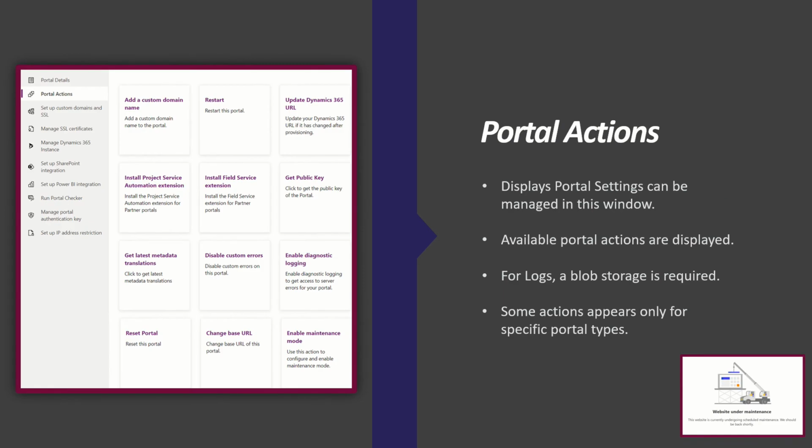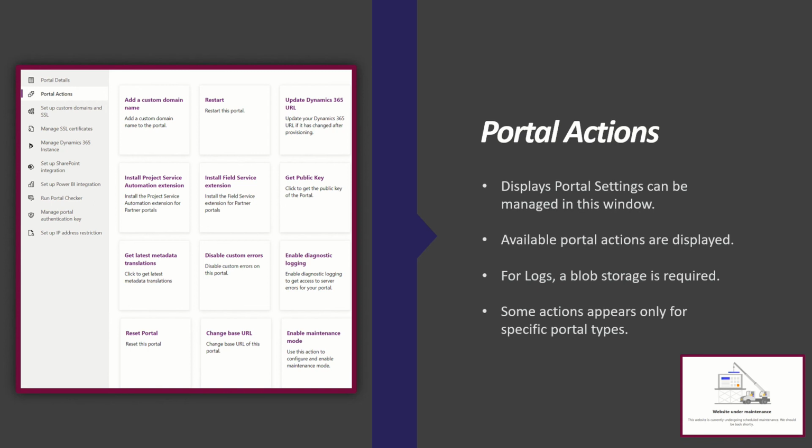From the portal actions, there are several actions available for the administrators, so they can add a custom domain name to the portal. We can restart it if we are just deploying, or if it's really required based on the developments that we are doing there. We can update the Dynamics 365 URL and install some extensions like the project service automation and the feed service extension.